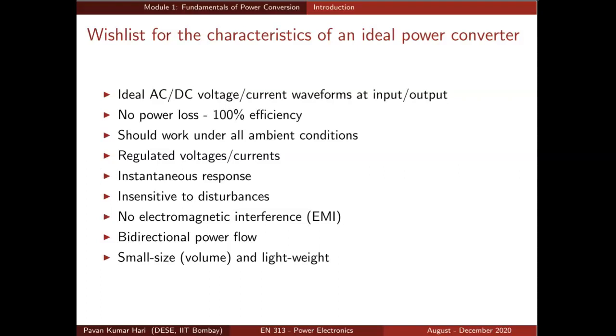output side. For example, consider a rectifier, which is an AC to DC converter. So this is an AC to DC converter. There are some circuit elements within this box which are connected to realize a rectifier.